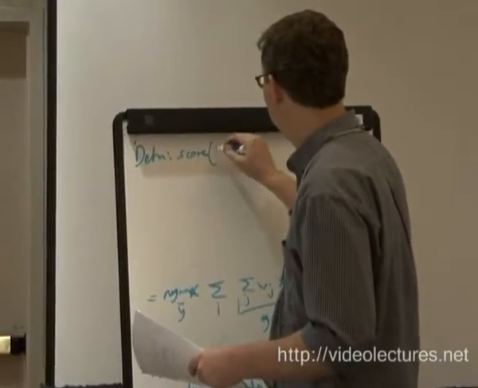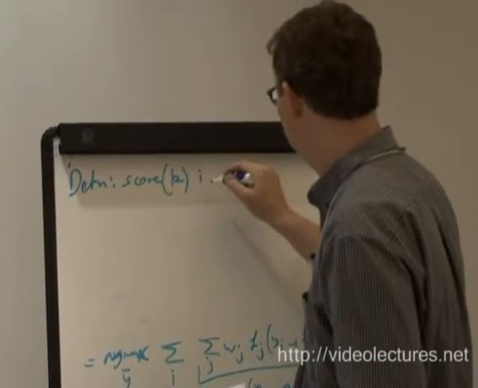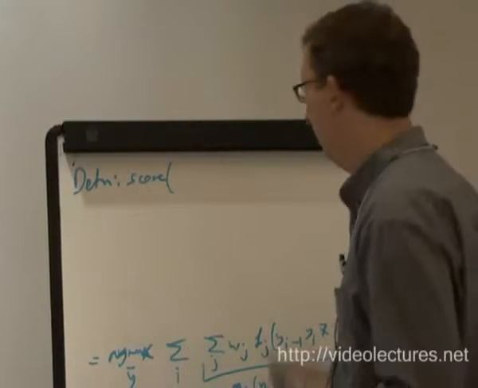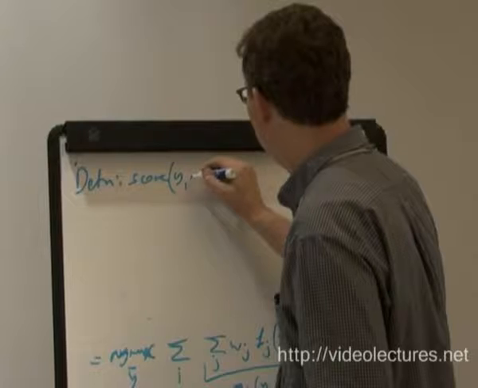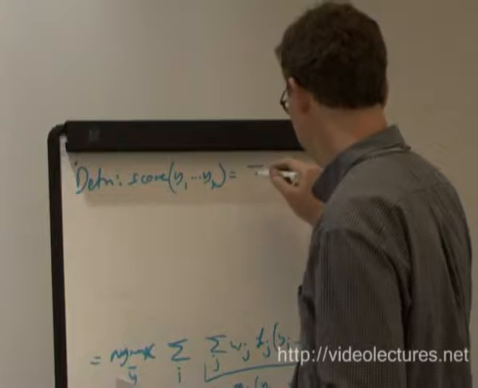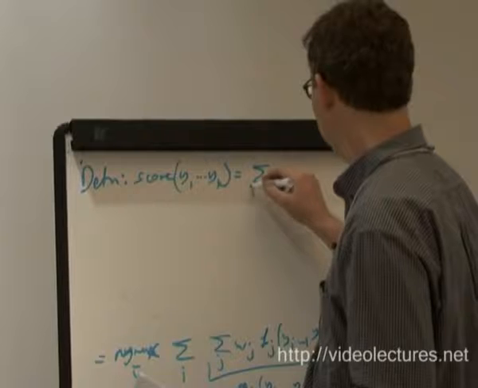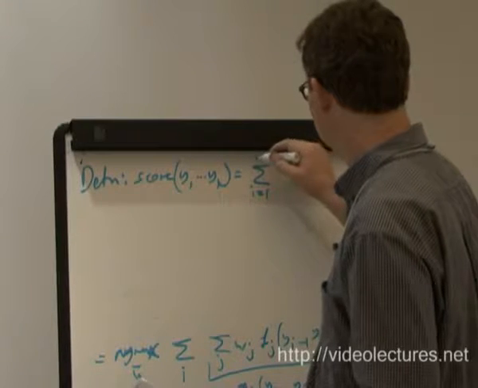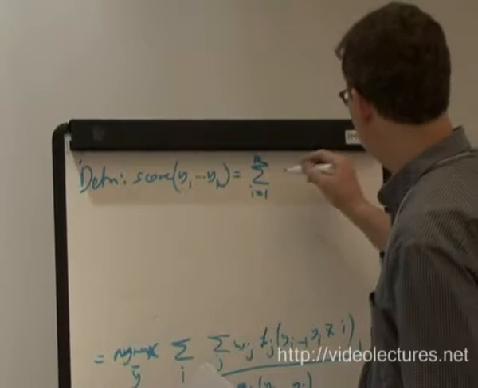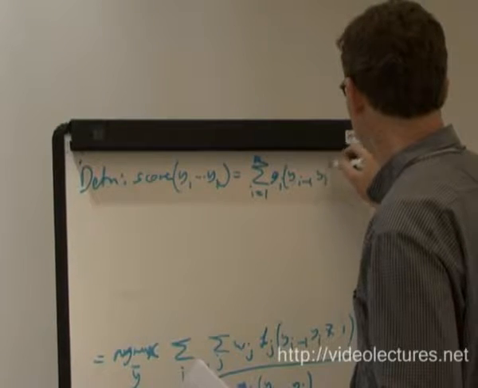The score of y1 up to yk is the sum from i equals 1 to k of gi of yi minus 1, yi.